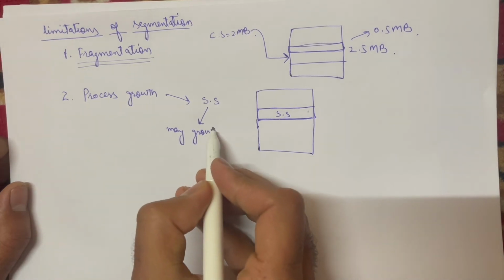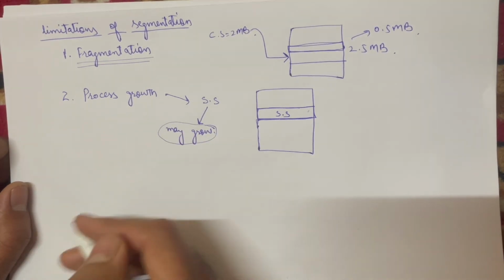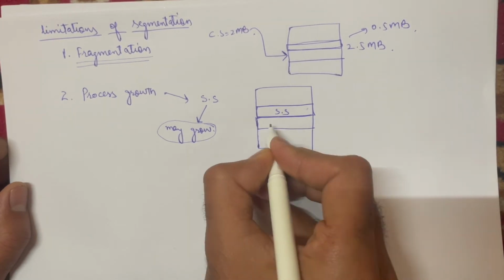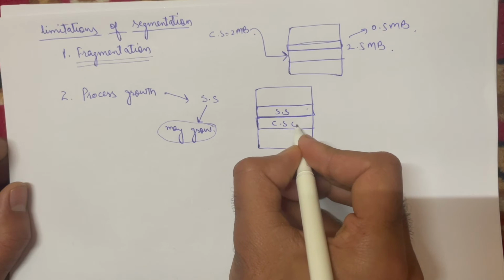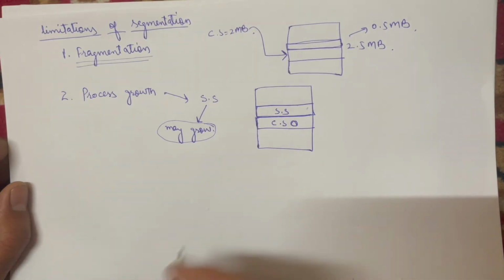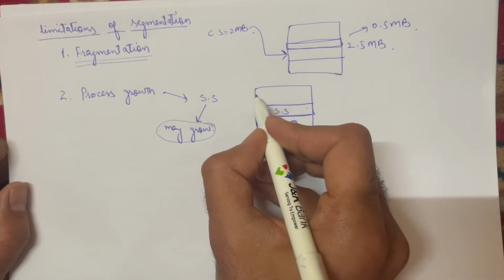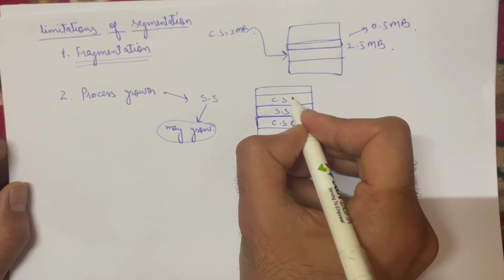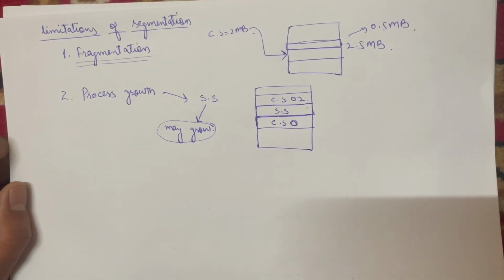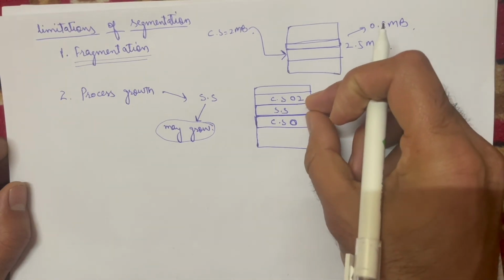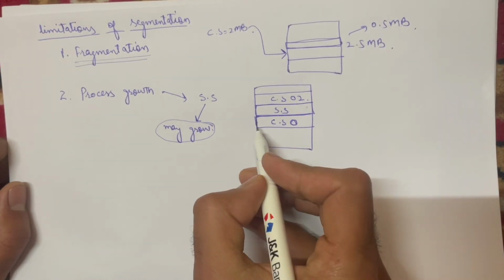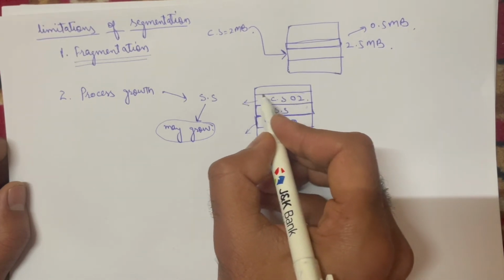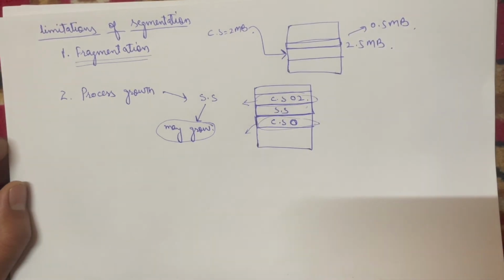And let's suppose after this stack, we have the code segment of some other process, and here also we have the code segment of some other process. Now if I have to increase the stack segment, that means I have to remove one of the segments from here, either this segment or this segment.